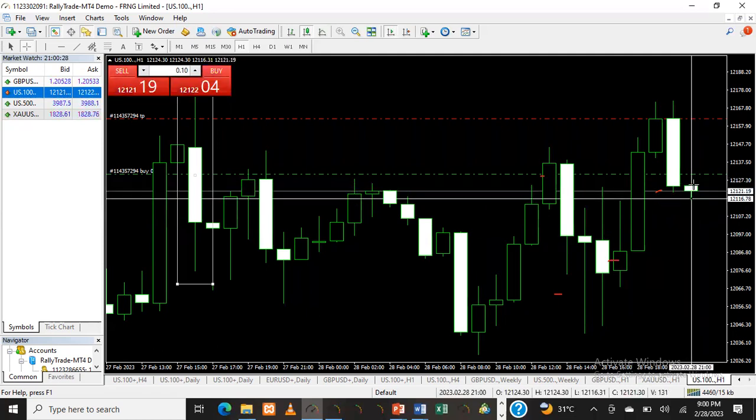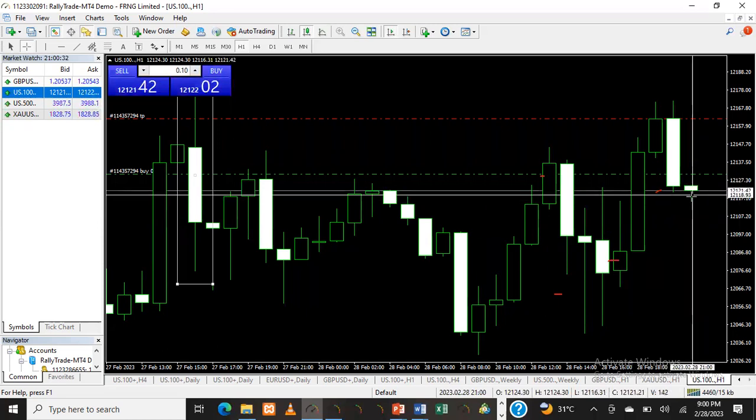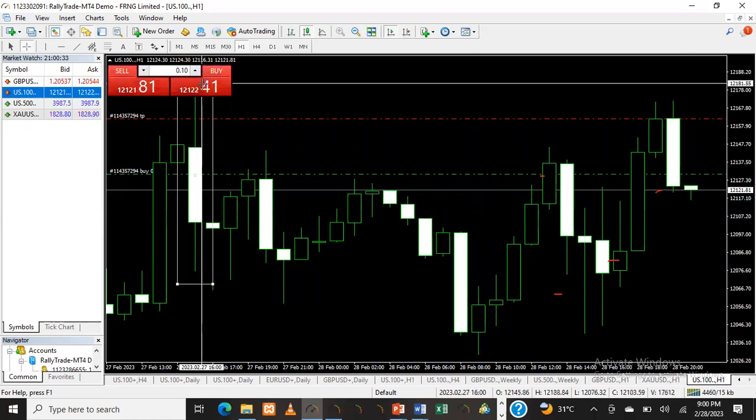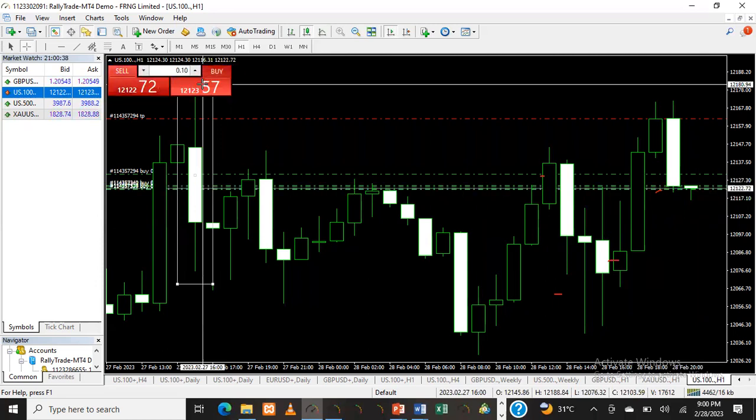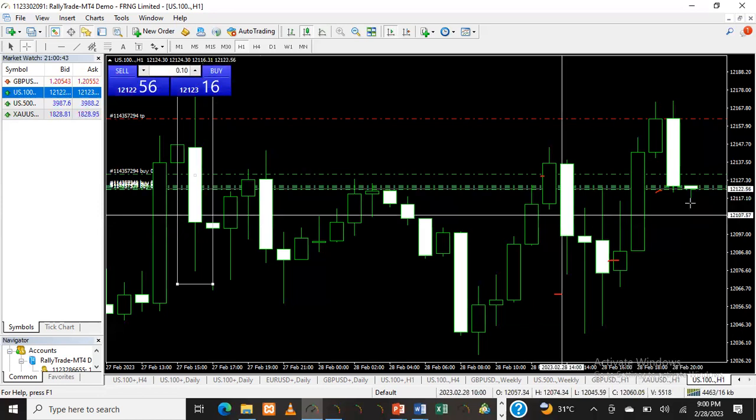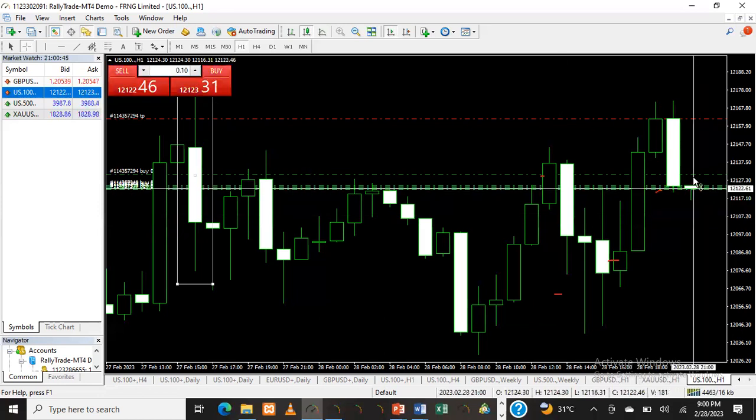So the market has opened here and the bears are trying to push the market downward. So let's see what's happening. I placed the buy, reason being I expect the market to pull back a bit before coming down. So I'm going to exit this buy if the market goes up a bit.